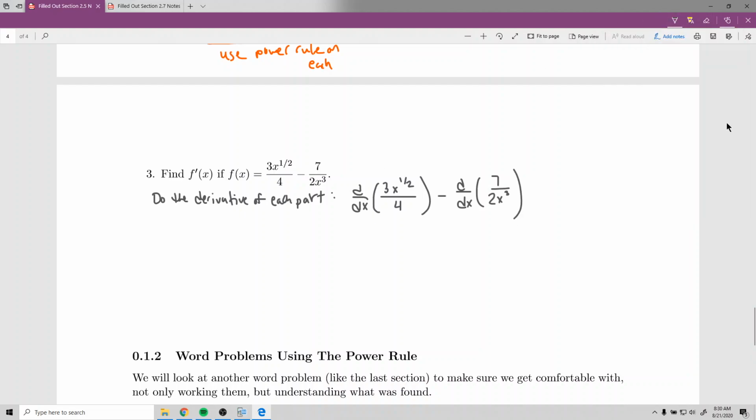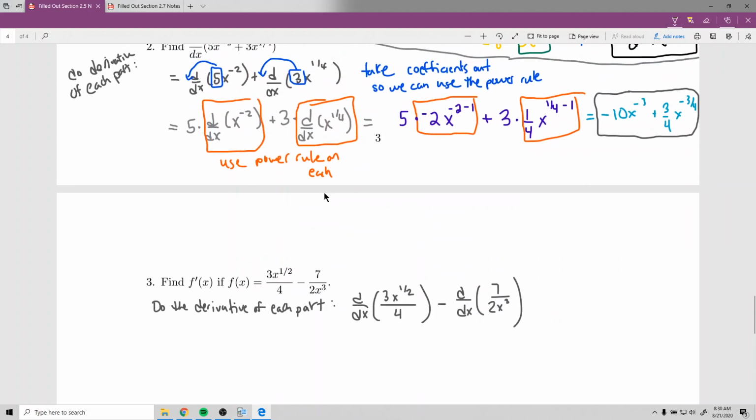All right, now the next thing, there's actually a couple things we're going to need to do, but if you follow what we did last time, what did we do after we said do the derivative of each part? We brought out the coefficients. And if you have a fraction, it'll just come out as a fraction. So the first one, I'll have a 3/4 out front, and the second one, I'll have a 7/2 out front.